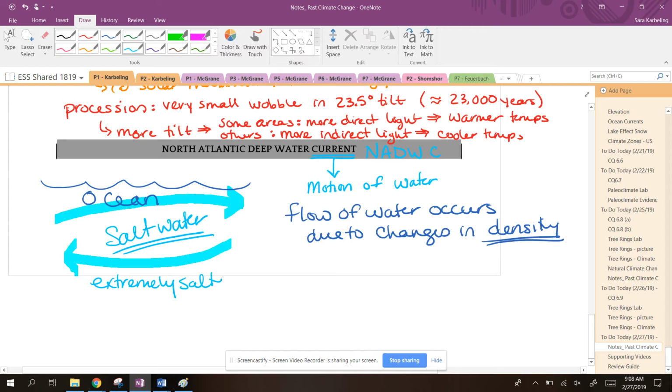So down here at the bottom, we've got extremely salty current flowing in one direction. Based on what Hannah just said, do we think that the stuff that's down below is warm or cold? Cold water. So this is going to be also cooler water.